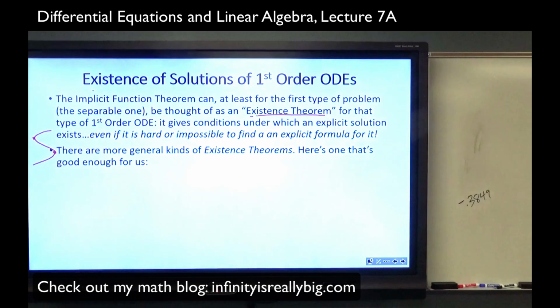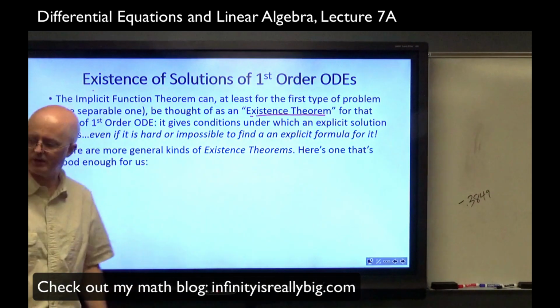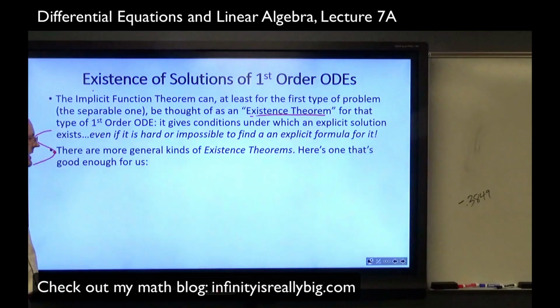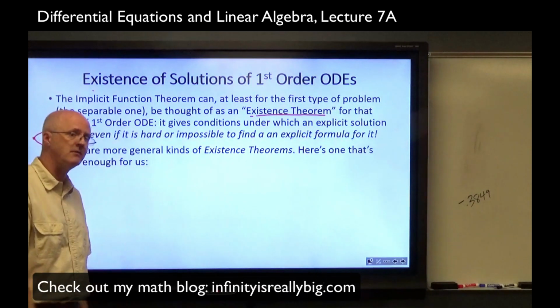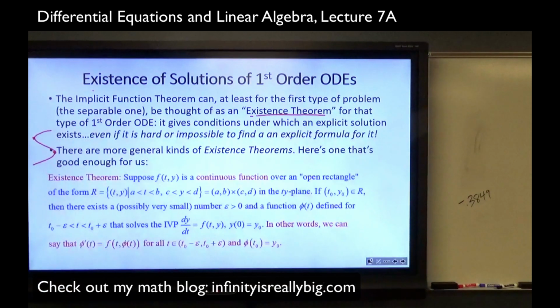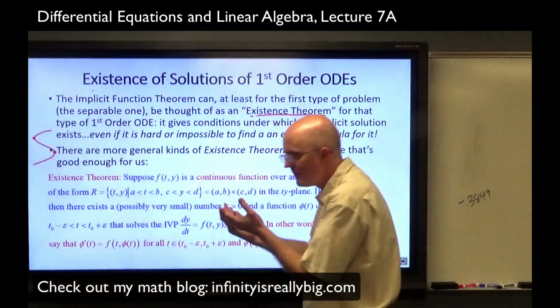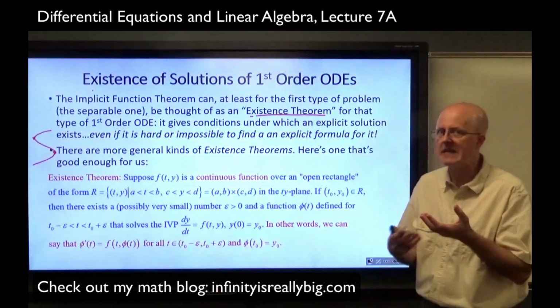There are more general kinds of existence theorems. Here's one that's good enough for us. This is our main one from our main textbook by Blanchard, Devaney, and Hall. I'm going to show you another one to close off lecture A here, 7A. Here it is in all its glory. Kind of complicated, of course. Existence theorem. Okay, theorems have hypotheses and they have conclusions.